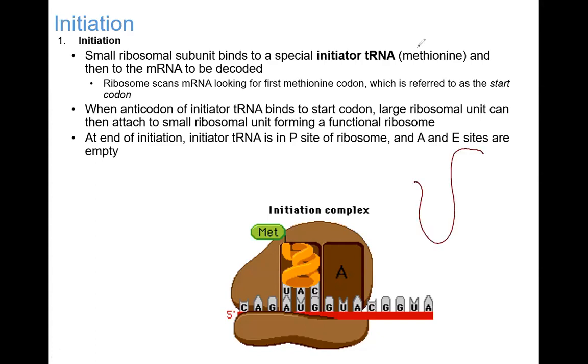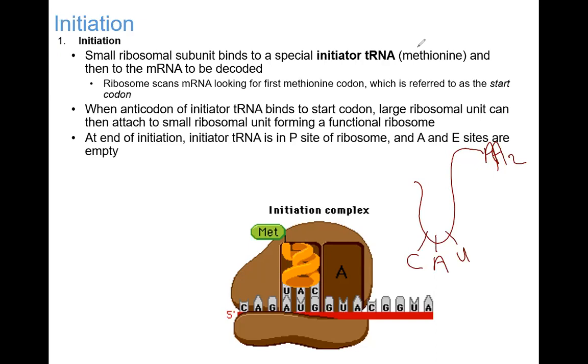Here comes the second transfer RNA with amino acid number 2, and its anticodon is going to be CAU. I got that right, because the codon is GUA.